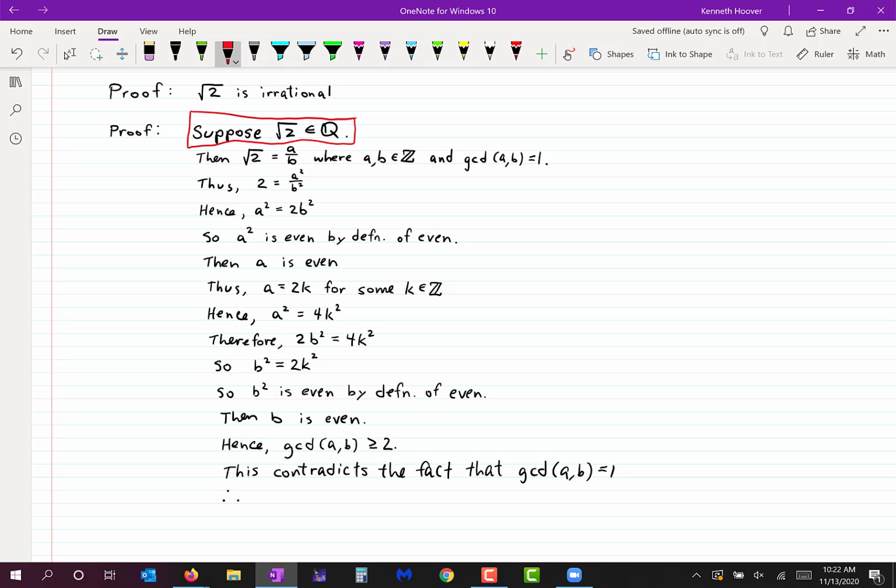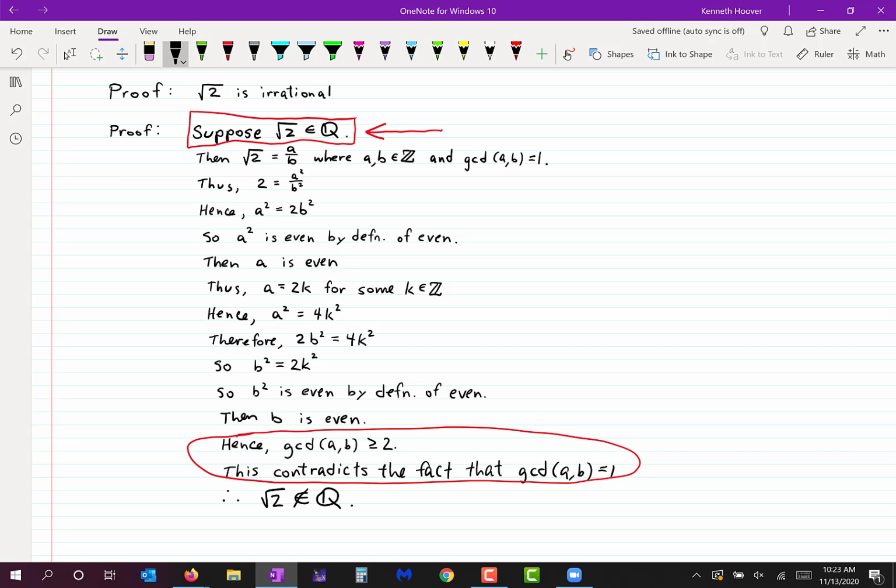That supposition leads to a contradiction, which means that our original supposition cannot possibly be true, which means that its negation is true. And that's what we were trying to prove in the first place. So we are done.